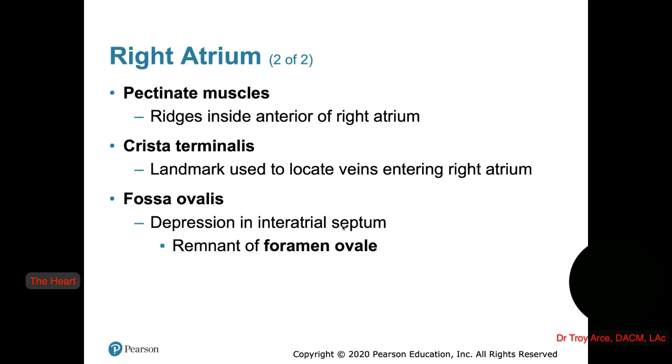Later they start to develop septums, and there's actually an ovale. There's communication between the atria, and this foramen ovale actually gets filled up. And this depression is actually a remnant of that. You can actually see it in the adult heart.